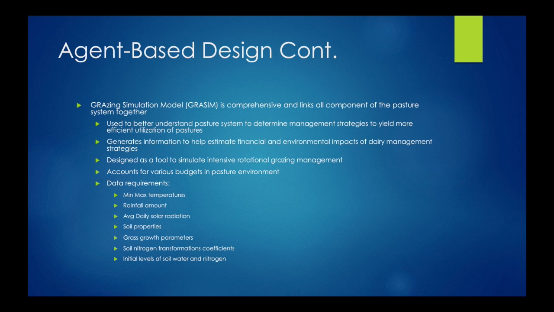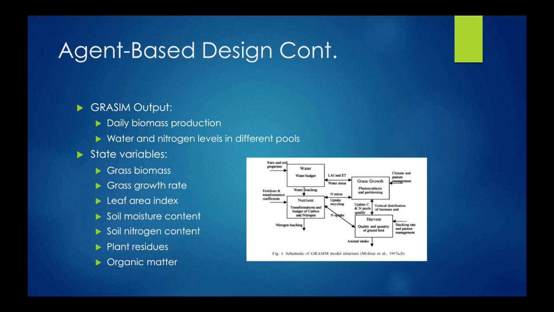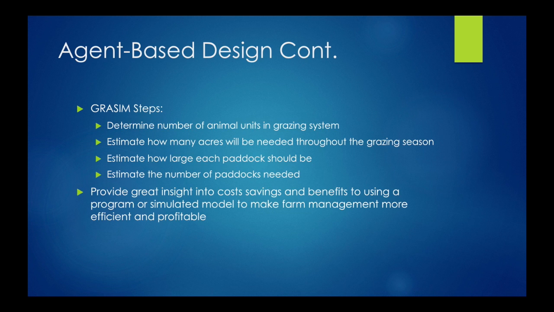The output we get will be daily biomass production and the water and nitrogen levels in different pools. Some of the variables used are the grass biomass, grass growth rate, leaf area index, soil moisture content, soil nitrogen content, plant residues, and organic matter. Again, this is based on the GRASM we found in our research.